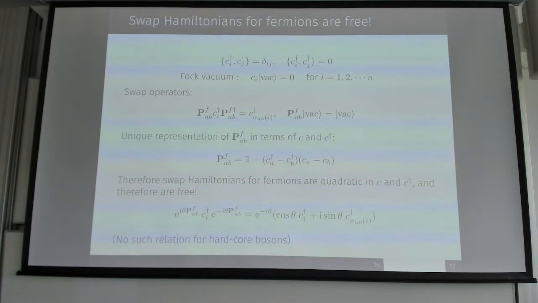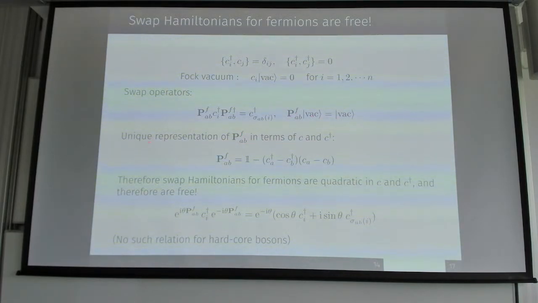Then the observation is that for the swap Hamiltonians, for fermions, they are all free. So these are all the usual definitions of the fermionic operator and the Fock vacuum. And the swap operator is defined as literally swapping these creation operators. And we further require the Fock vacuum to be permutation invariant.